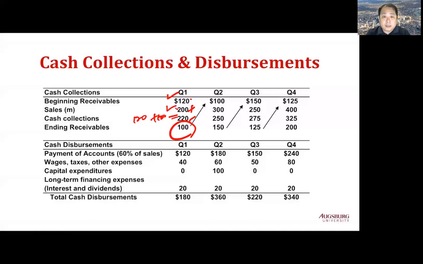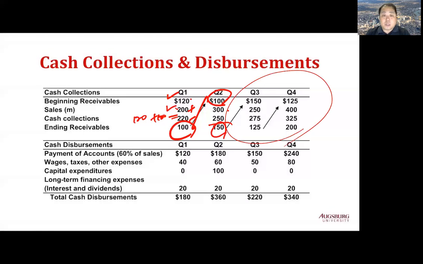Same way, in quarter 2, beginning 100, sales 300, collecting is 100 beginning and 150 half of sales, 250. So ending is 150. In quarters 3 and 4, we can use the same way to compute each cash collection and receivables as shown in the table.